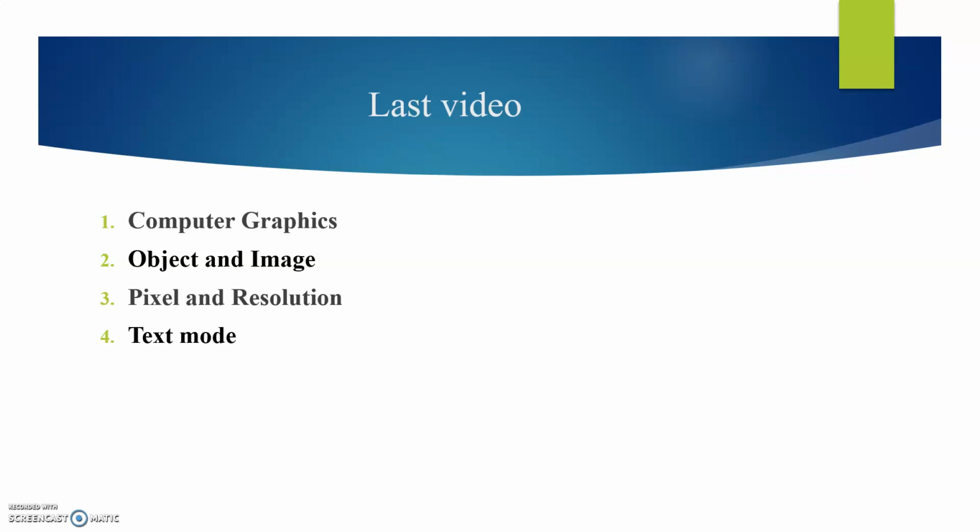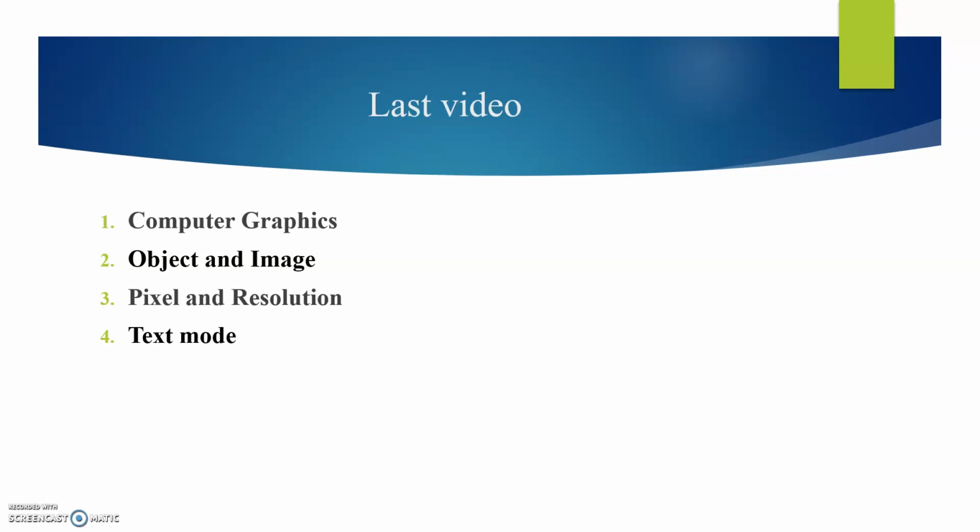Next, we studied pixel and resolution. Pixel stands for picture element. A pixel is the smallest piece of information in an image. Resolution: in computers, display resolution is the number of pixels contained on a display monitor.